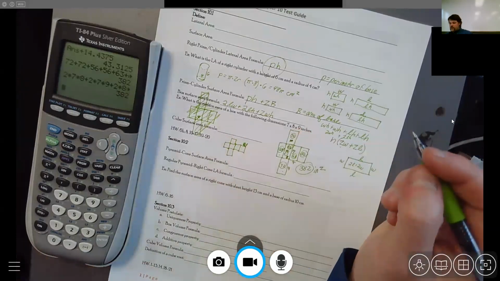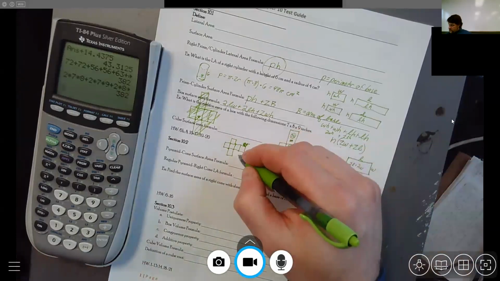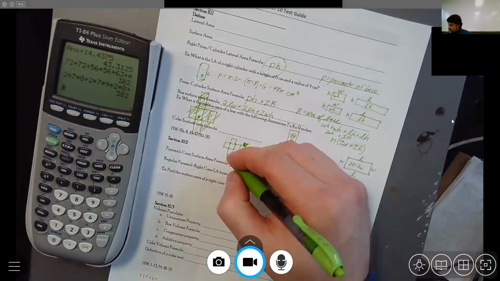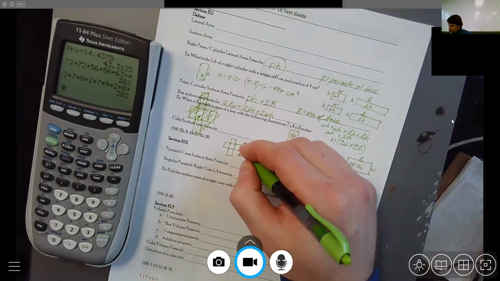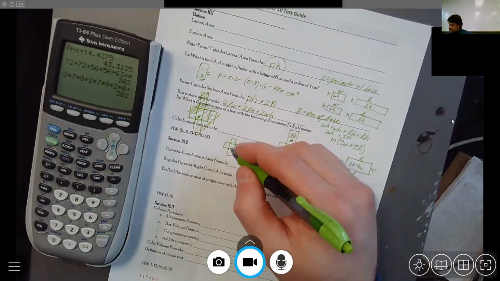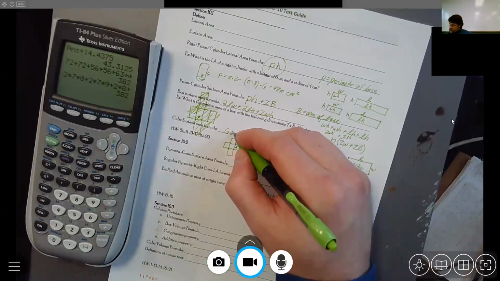If every side of your cube had a length of S, then the area of every face is going to be S squared. And since there are 6 of them, the area formula is 6S squared.